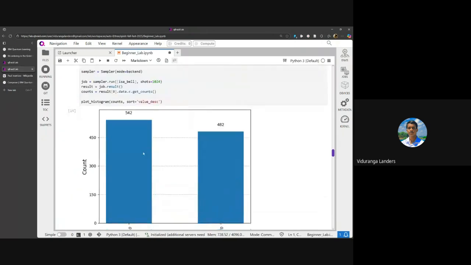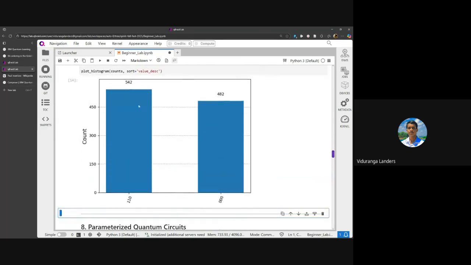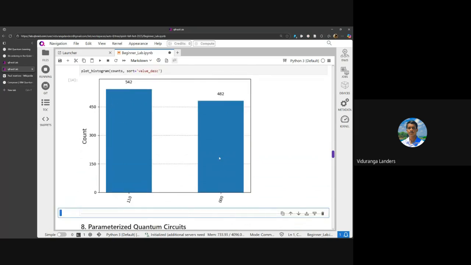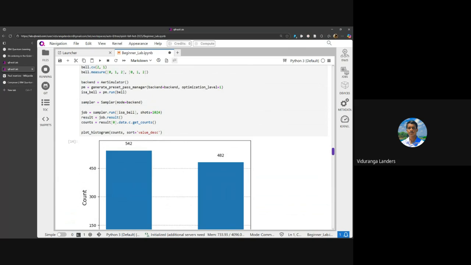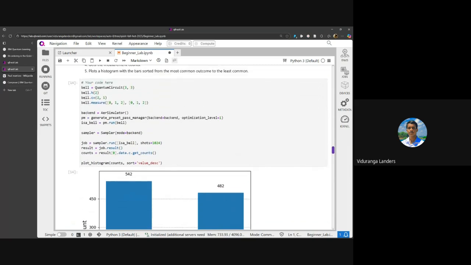So if I run this, you will see that this is at a state of 50% this and 50% this, but it gives you some noise and random values based on its noise models. So you can get a more realistic kind of feeling when you use the Aer simulator.